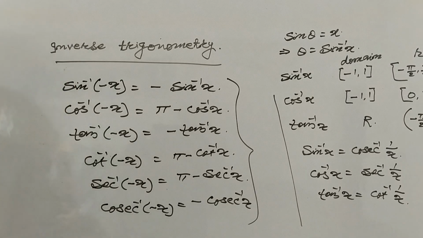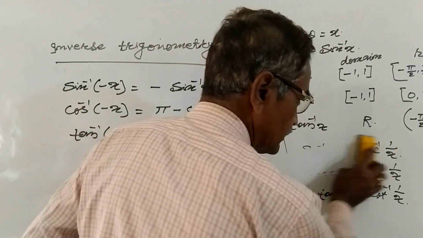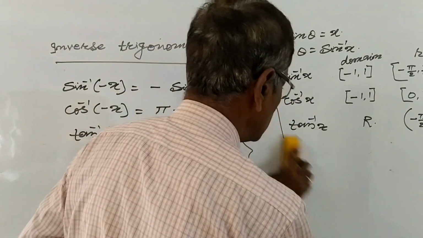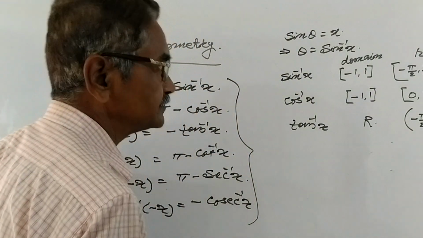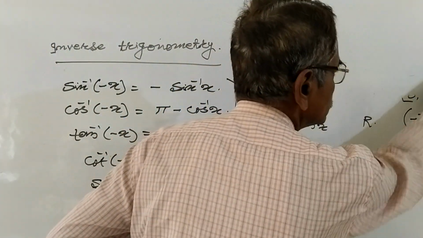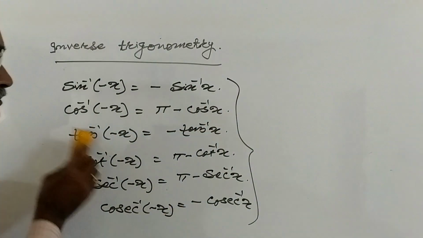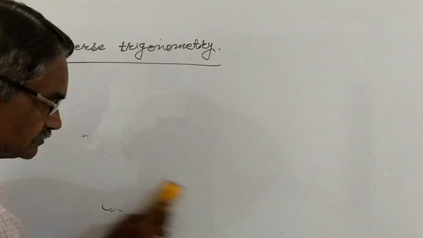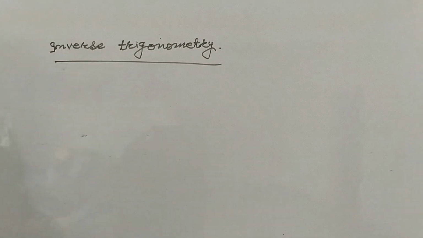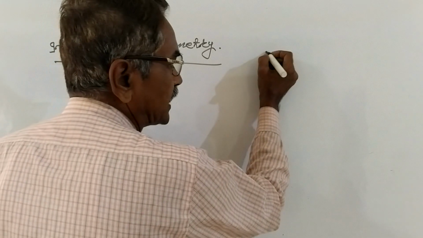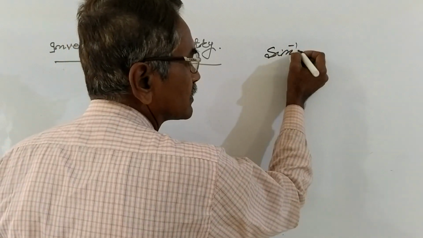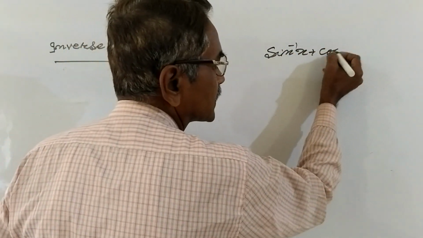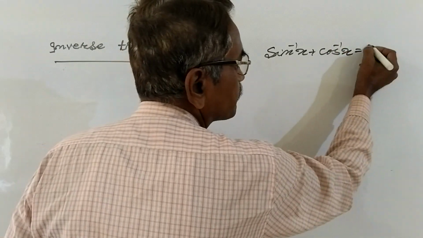Now further, sin inverse x plus cos inverse x equals pi by 2.